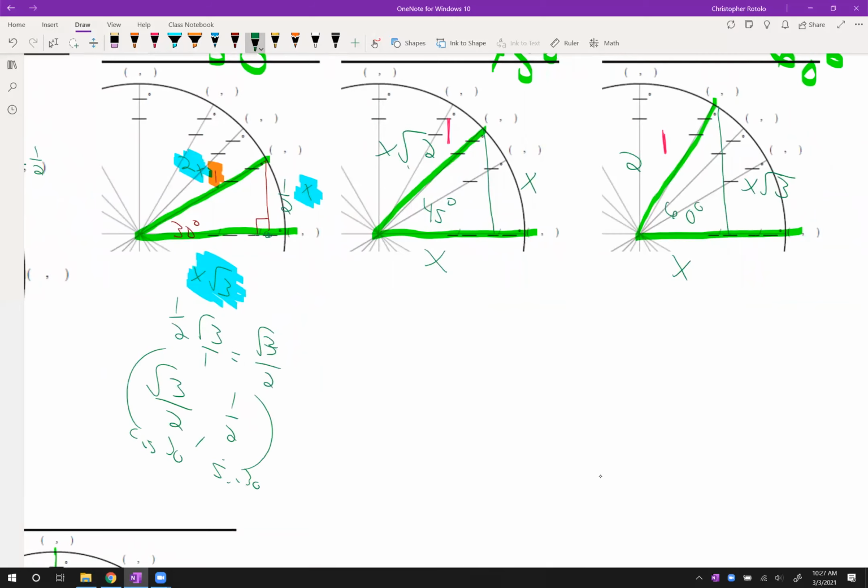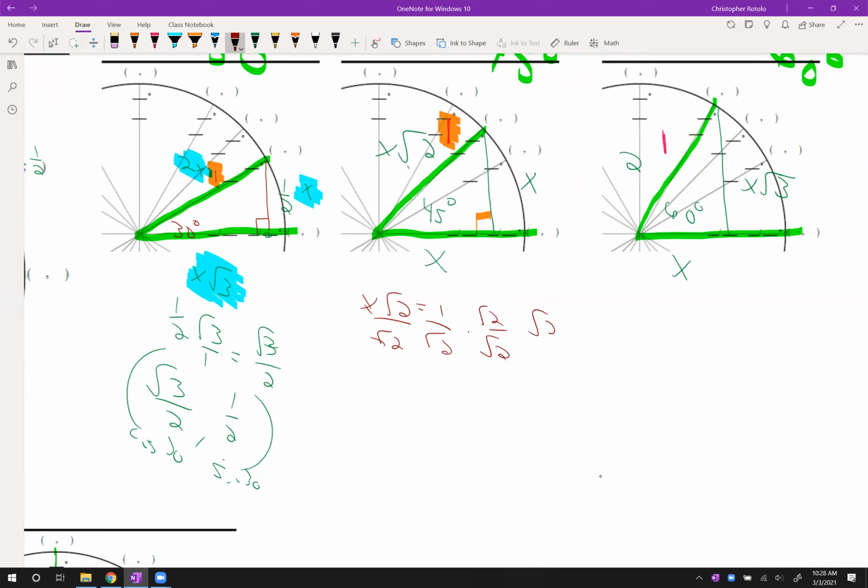The next one we have is the 45-degree angle. Remember, the hypotenuse has to be 1. As we know about 45, 45, 90 triangles, this is my 90 here, I must have x as the side, so x root 2 is the hypotenuse, but x root 2 is 1. So how do we work backwards out of that? x root 2 has to be equal to 1, so we divide by root 2 and fix that.